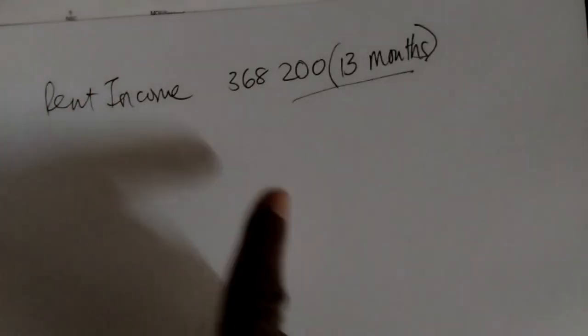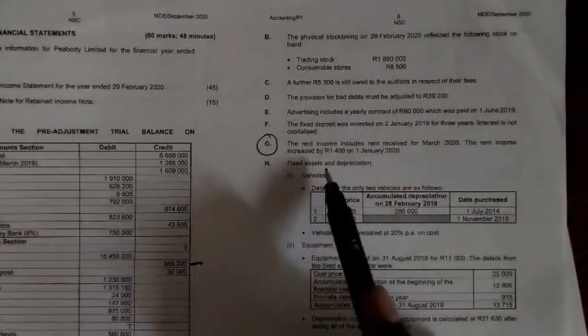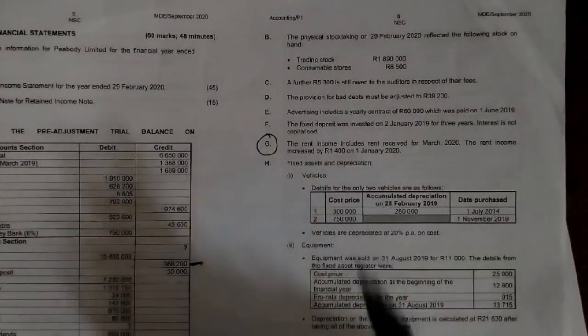Now the second problem is that the rent was not the same throughout the year. If the rent had been the same, this was going to be very simple, because we would take the 368 here and divide it by 13 in order to get the rent that we need to remove. But we have a challenge in that we are told that this rent increased by 1,400 effective January.